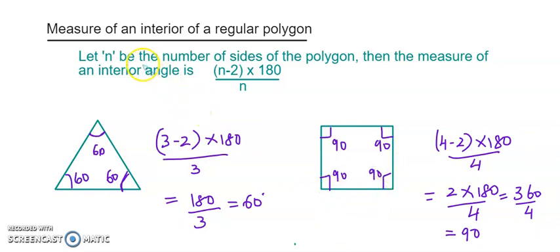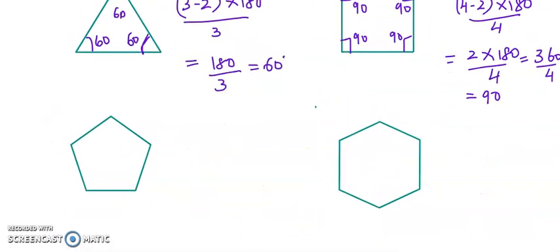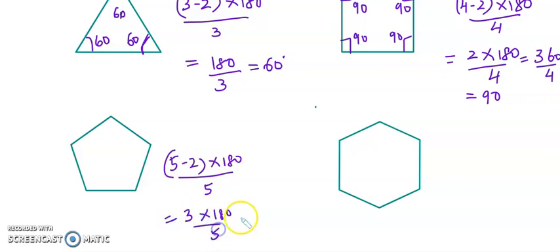So for finding the measure of each interior angle of a regular polygon, the formula is n minus 2 into 180 divided by n, right? Similarly, if you want to find for a pentagon, it's 5 minus 2 multiplied by 180 divided by 5, which will be 3 into 180 divided by 5, which I'm leaving for you to solve.